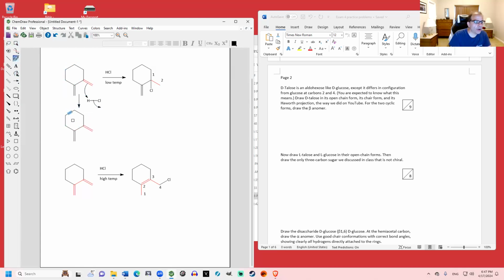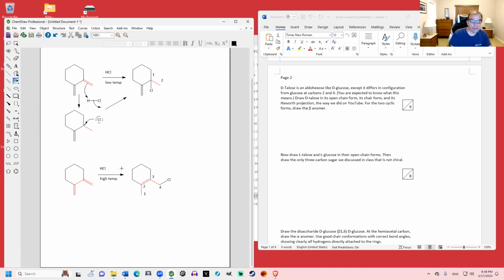You get an allylic carbocation, which looks like this. And then Cl minus attacks the carbocation, forms a new carbon-chlorine bond, and you get the product.